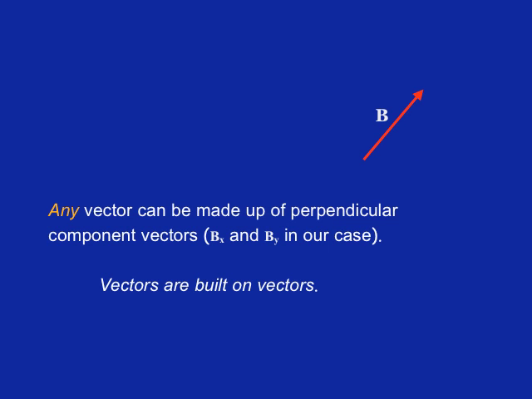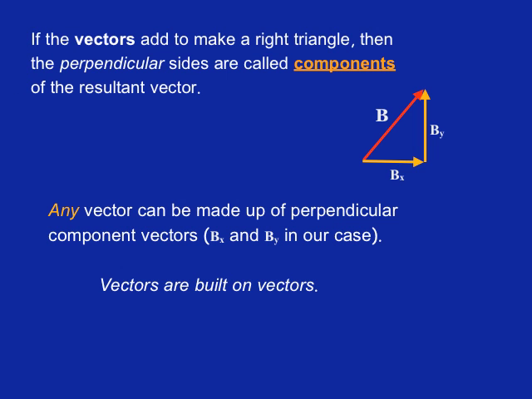This vector, which could be a velocity vector, B could be displacement or force or any vector, we can show it to be the sum of two vectors which we call components, how much B points in the x direction and the y direction. I can break B down into the addition of any vectors I choose.